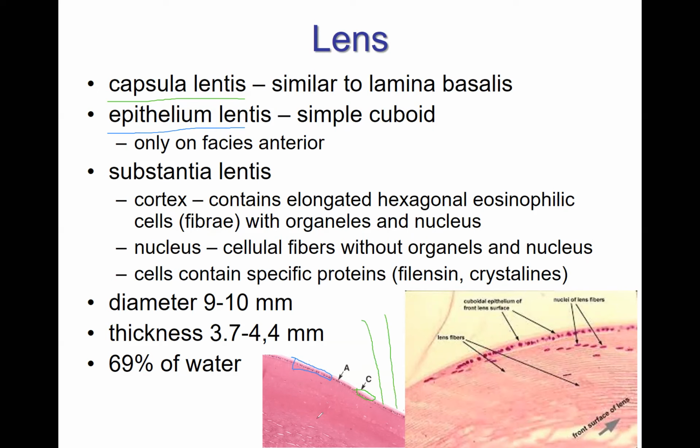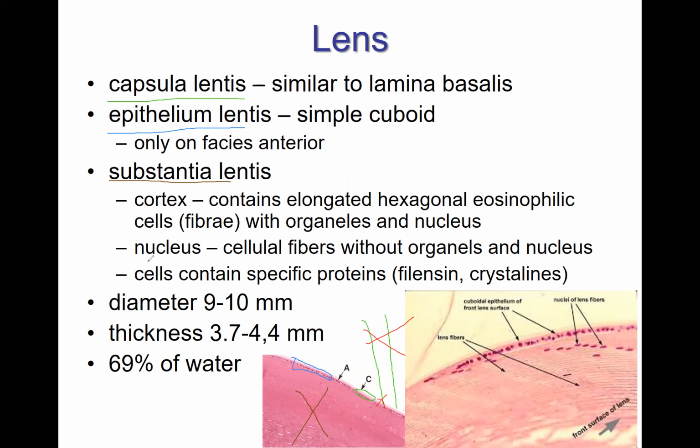So if you would like to remove and replace the cataract lens, the substantia, which is here, is sucked out, but you have to keep the capsula in the position, yeah, and then you put into the capsula the new artificial lens. If you would destroy the fibers or the capsule, then the lens cannot be put there. Yes.